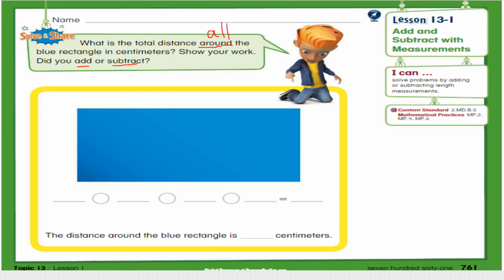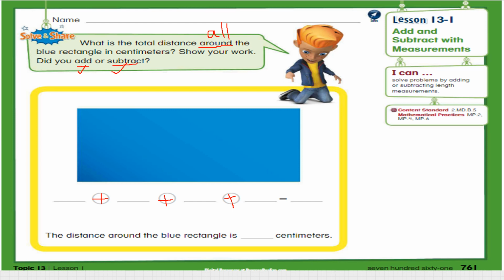So when there is the keyword all, what does this mean? Add or subtract? Excellent. It says add. When there is the word all, it means we are going to add all the sides around the blue rectangle.